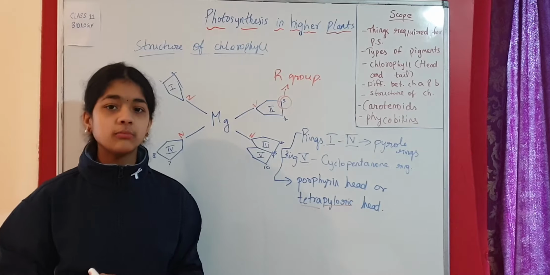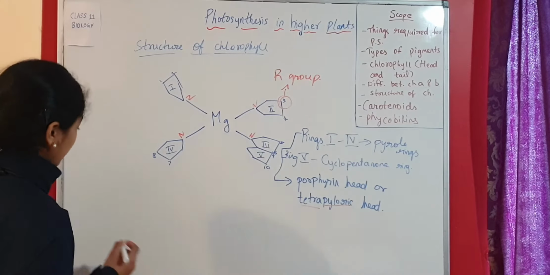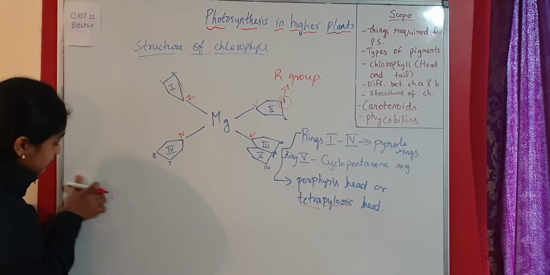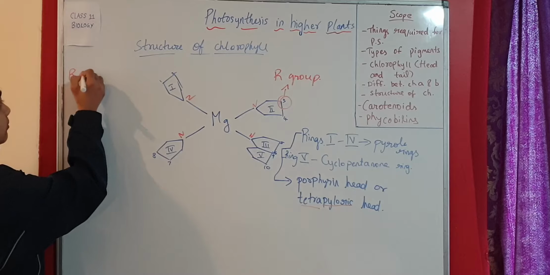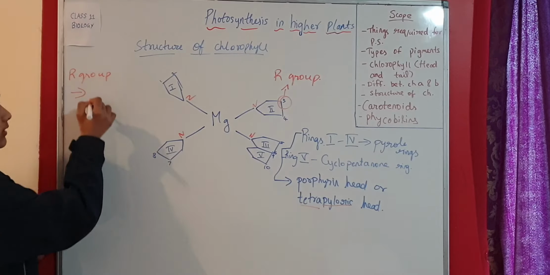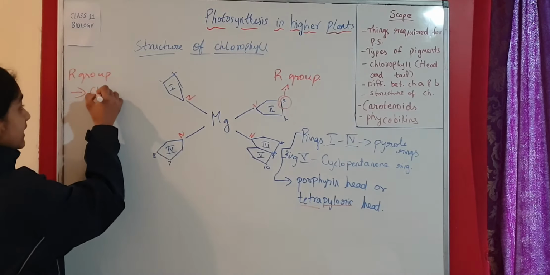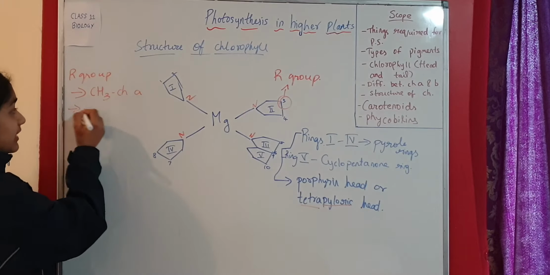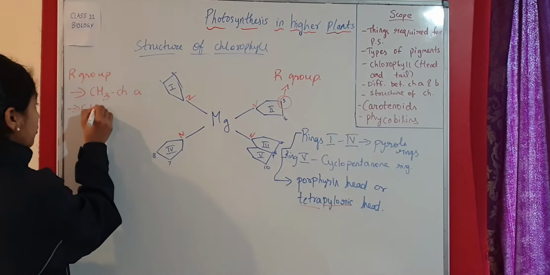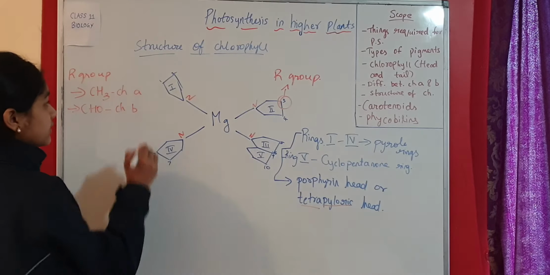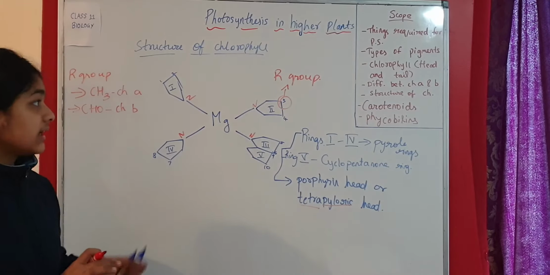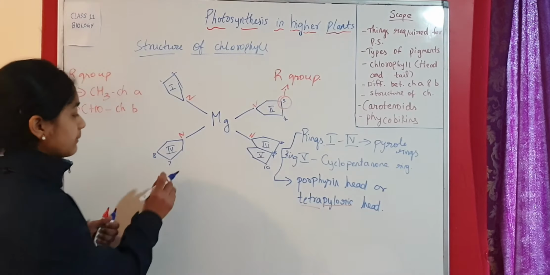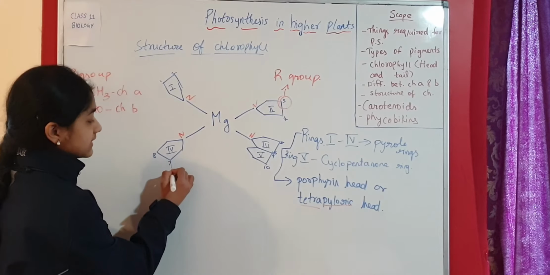R group is the functional group and it varies from molecule to molecule. If the R group is methyl, CH3, it is called chlorophyll A. If it is aldehyde group, CHO, it is chlorophyll B. So it is something that varies from molecule to molecule, and that R group is present near the carbon number 3. From carbon number 7, the tail arises.